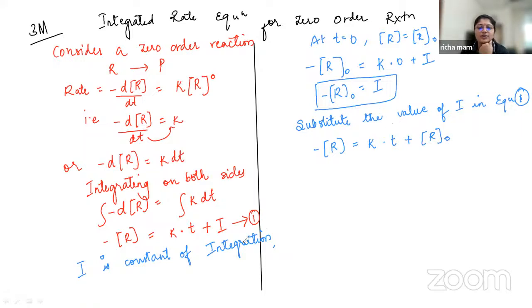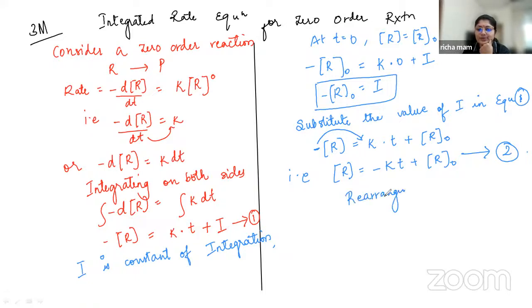So we have got the value of I and put it here. If I shift the minus sign to the right hand side, R is equal to minus KT plus R naught. Okay, so this will be my equation number 2.